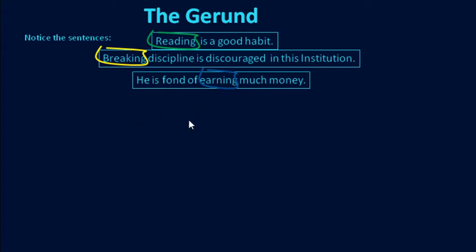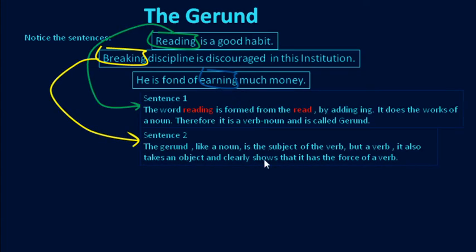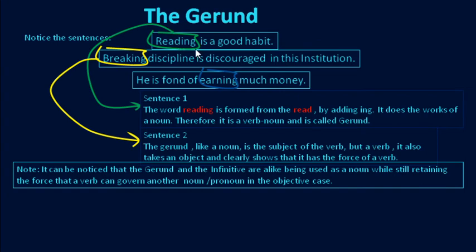This is the basic rule. Here earning is a gerund, which acts as a noun as well as a verb. I hope you have understood. A gerund can be at the beginning of the sentence or in the middle of the sentence.